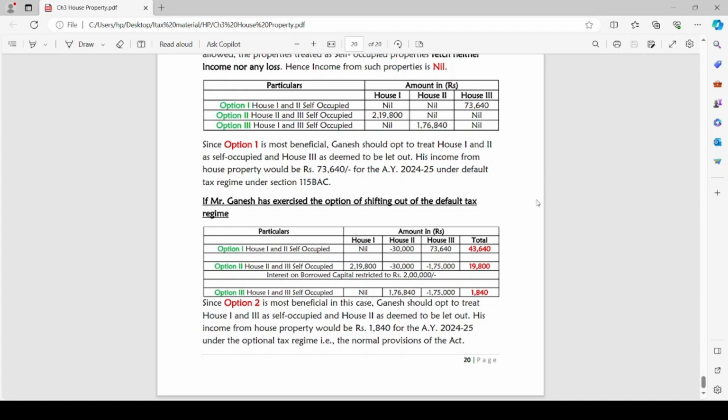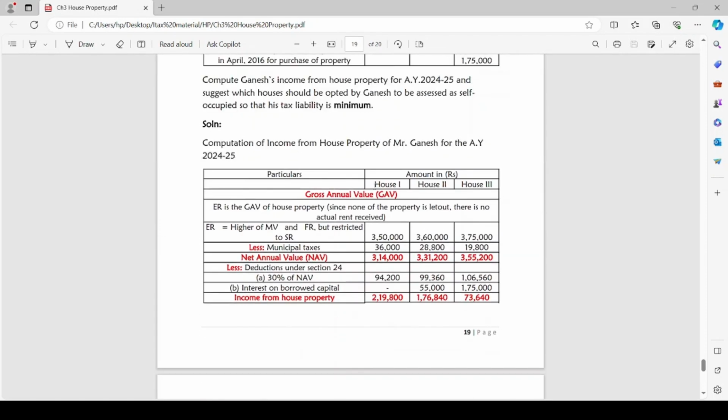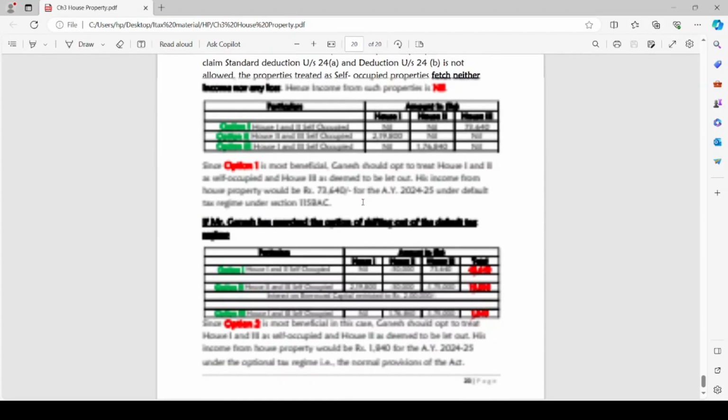So, when house property 1 and 2 are considered to be self-occupied, for house property number 1, the GAV will be nil, NAV is nil and he cannot claim deduction under section 24A, the standard deduction, and there is no borrowed capital for house property number 1. So automatically, if house property 1 is self-occupied under the optional tax regime, the income from such house property will be nil.